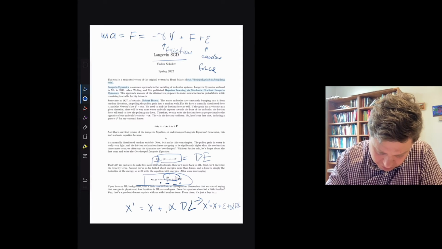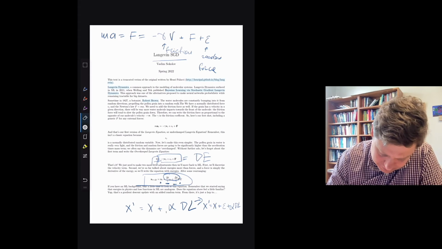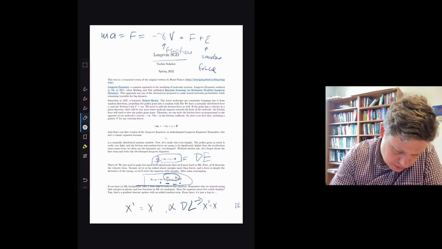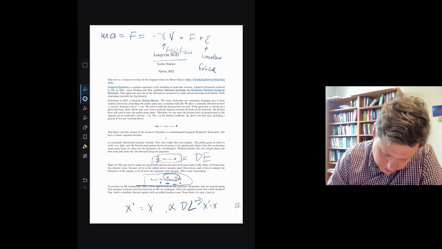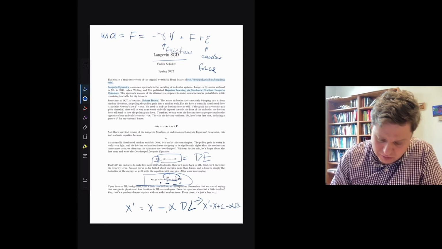Actually, sorry, we have to have a minus here. So it has to be minus alpha times the gradient, plus epsilon. So that's it.